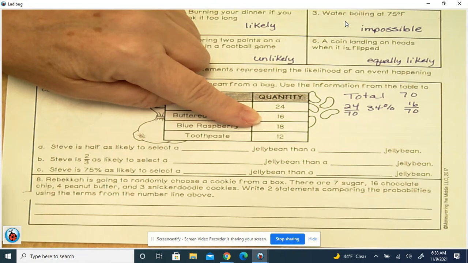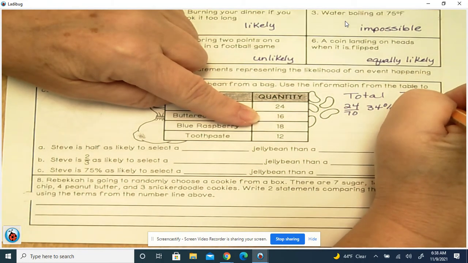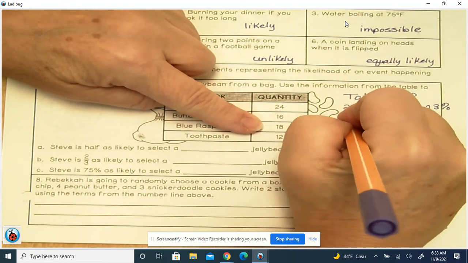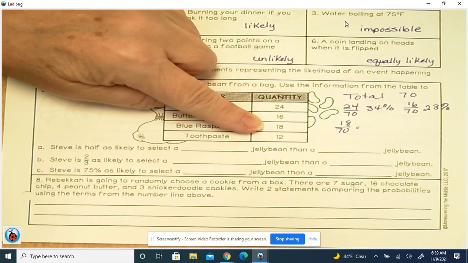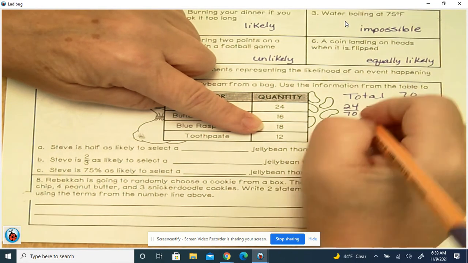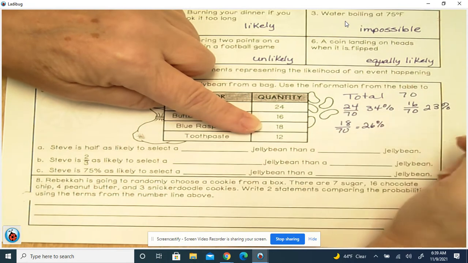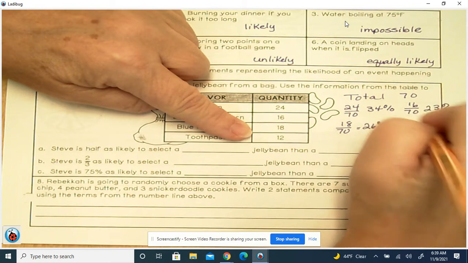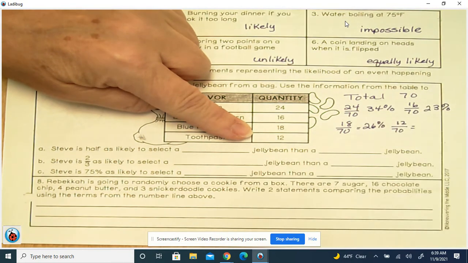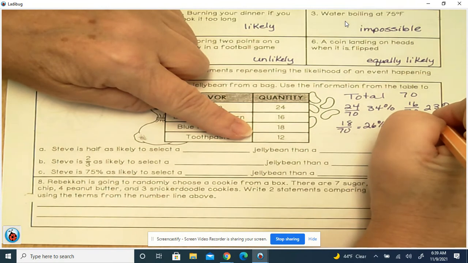All I'm doing is 16 divided by 70, which is 23%. 18 over 70. 18 divided by 70 is 0.257, so that's 26%. And then 12 over 70 equals 17%.